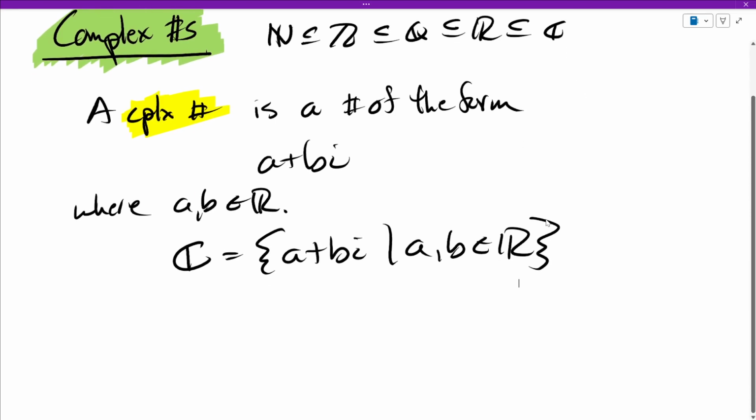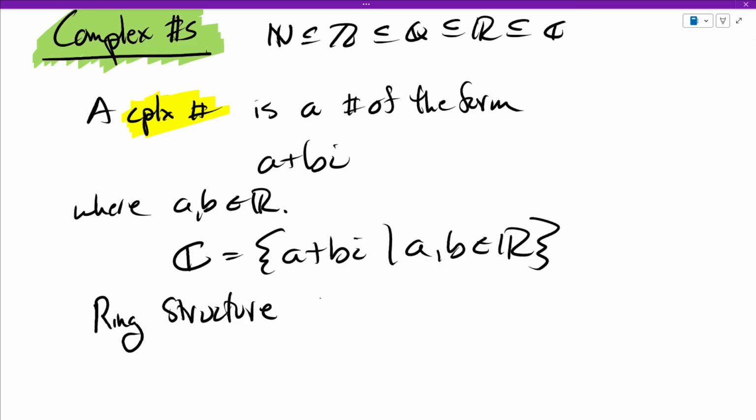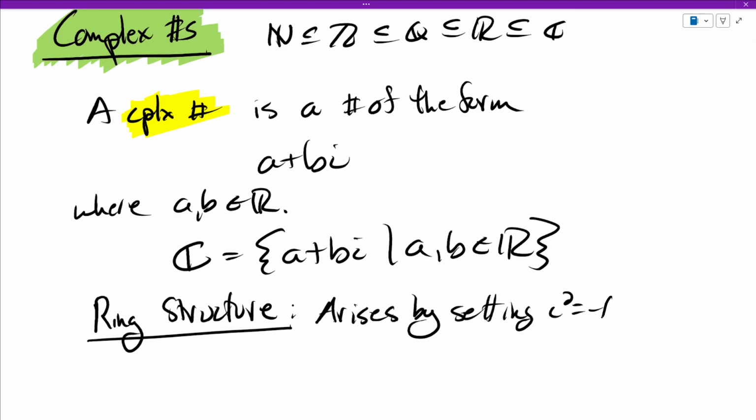Okay, so that's what it is set theoretically, but there is ring structure that we can put on C, and it arises by really the addition is just combine like terms, and the multiplication arises by setting i squared to be -1 and then just carrying out the distributive property.